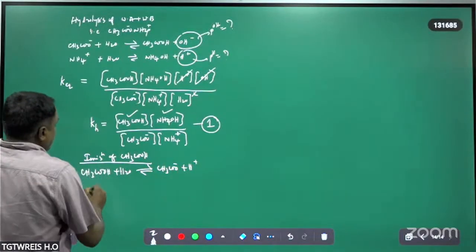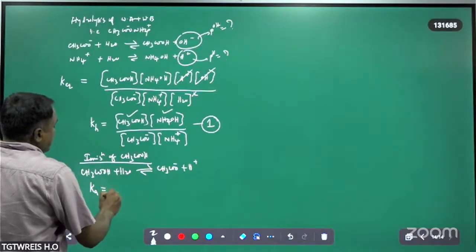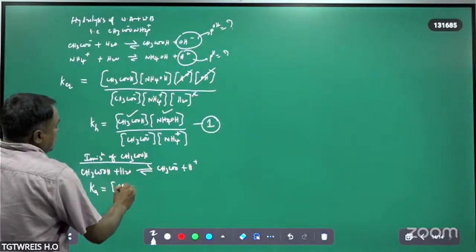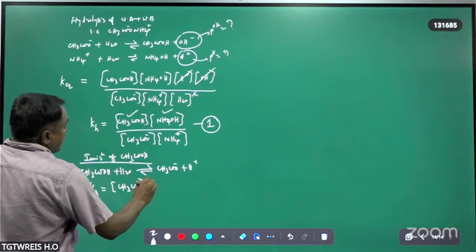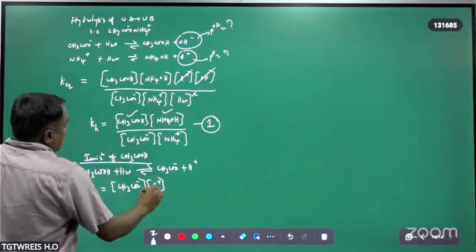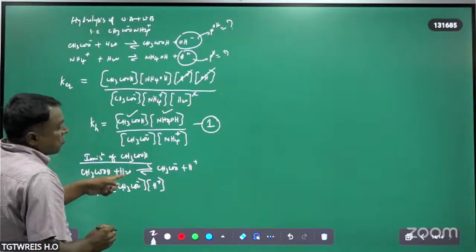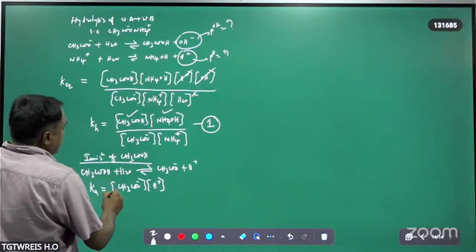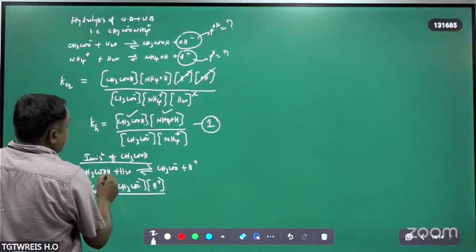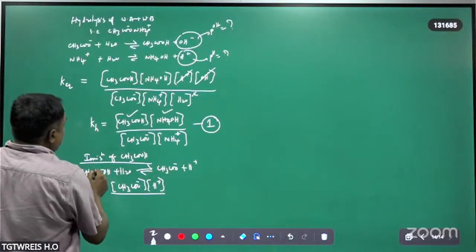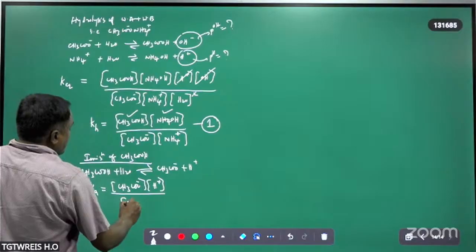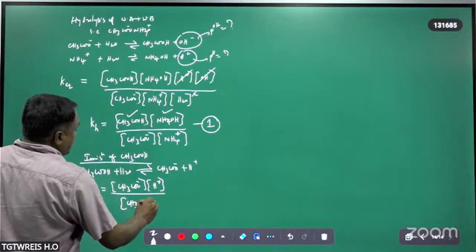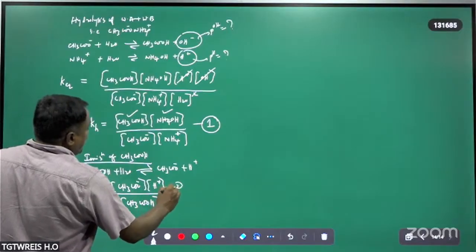So acid dissociation constant Ka is equal to what now? CH3COO- into H+, because K equilibrium into the square bracket water is equal to another constant, that is the Ka, that is the acid dissociation constant. Therefore, this one into this one by this one, CH3COOH. This is equation number 2.